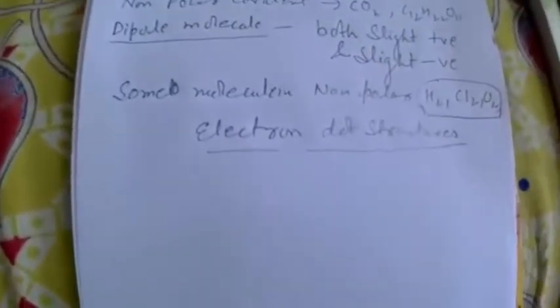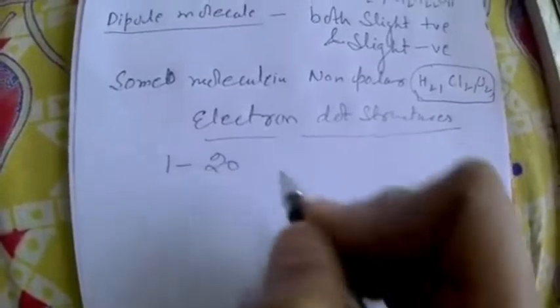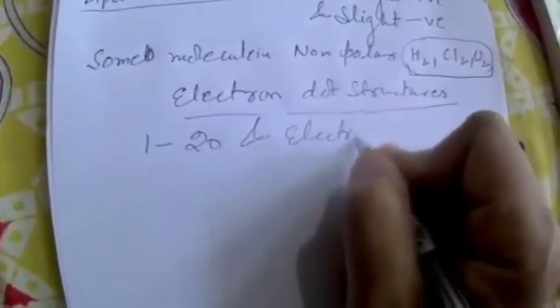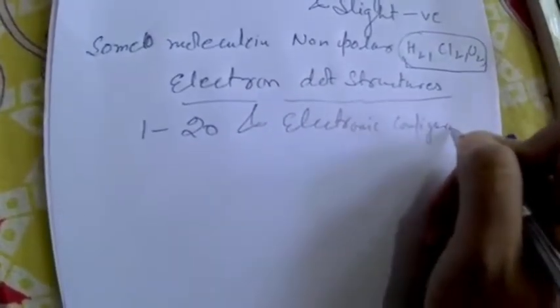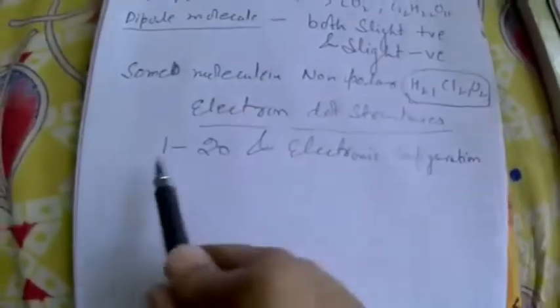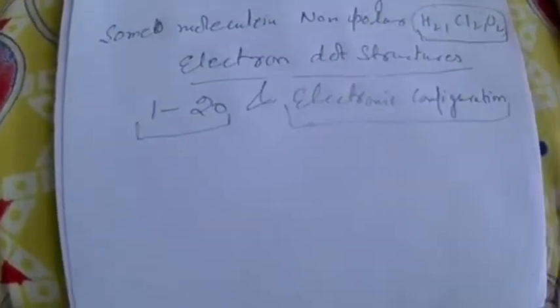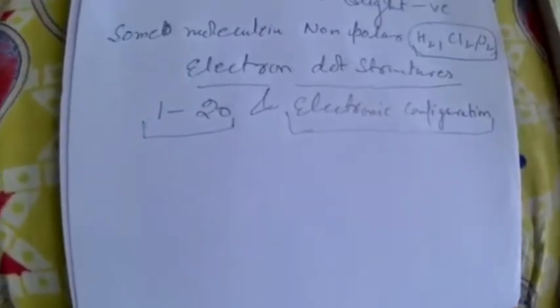Those students who have not learned at least atomic numbers from 1 to 20, and don't know about electronic configuration, this topic is not for them, because they are not going to understand this topic properly, right?